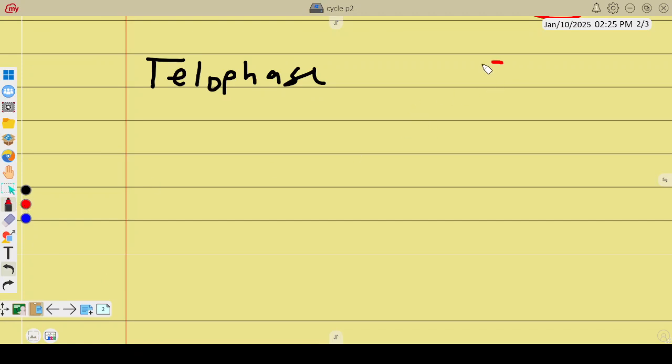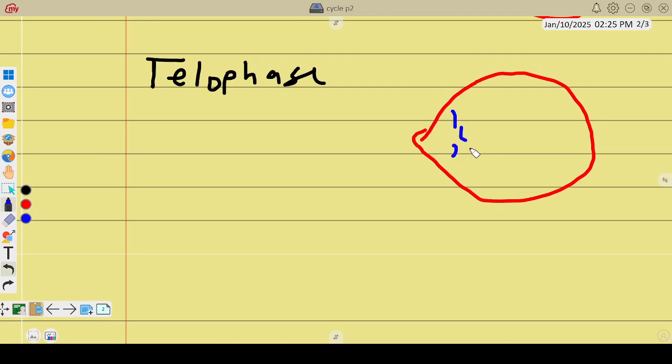So this is our cell, let's draw it like this. This is our cell, and the chromatids have now arrived. We had 4 of them, so maybe they are here now.